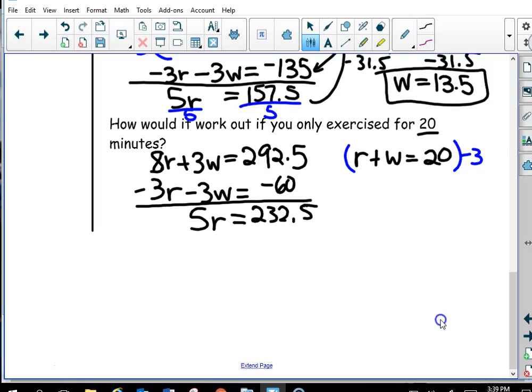Now here's the problem. When I divide by 5, I get 46.4, and my W won't make any sense at all.